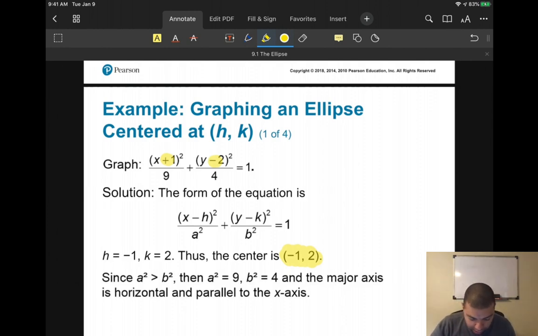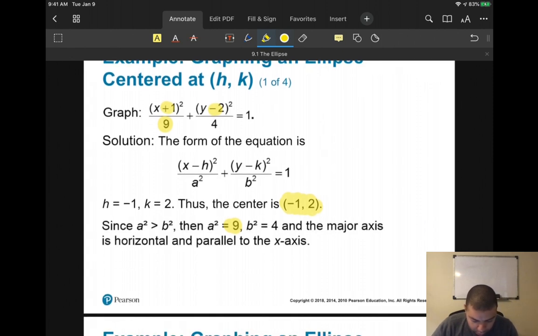So A squared is the larger one, so A squared is 9, so that means A equals 3, and B equals 2. Because A is underneath X, that means the ellipse is horizontal, so it looks like this. Horizontal, but then you start from -1, 2.